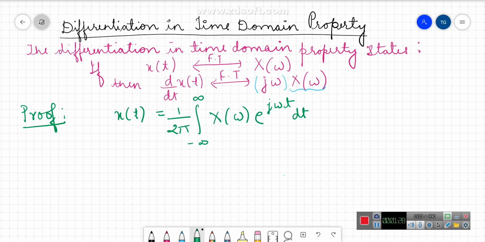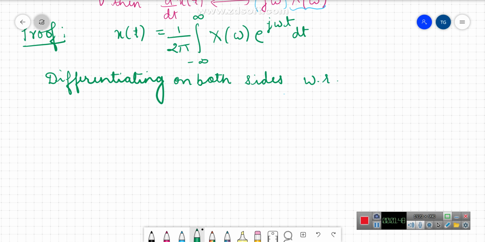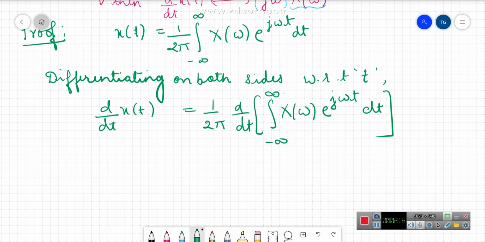So differentiating now with respect to t on both sides, this is d by dt of x of t, and this will be 1 by 2 pi, a constant, and here it is d by dt of the integral from minus infinity to infinity of X of omega e to the power j omega t d omega. So this is how it will be by differentiating on both sides.